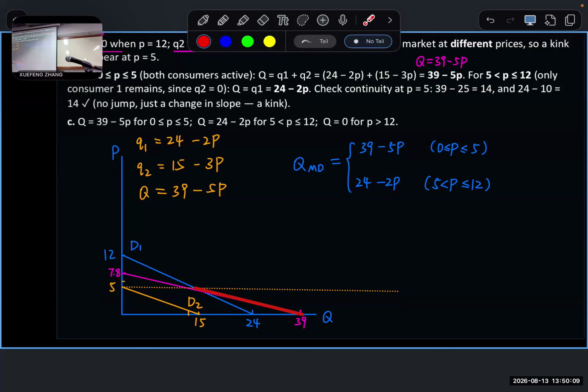Now look at the upper. If the price is greater than 5, the second consumer's demand function is below price 5, so he just quits the market. So if price is between 5 and 12, only consumer 1 will buy.